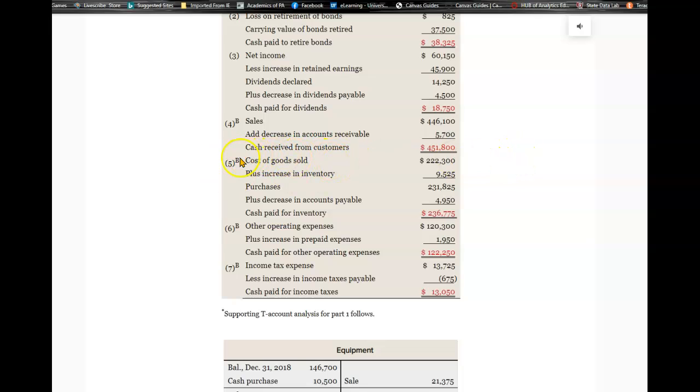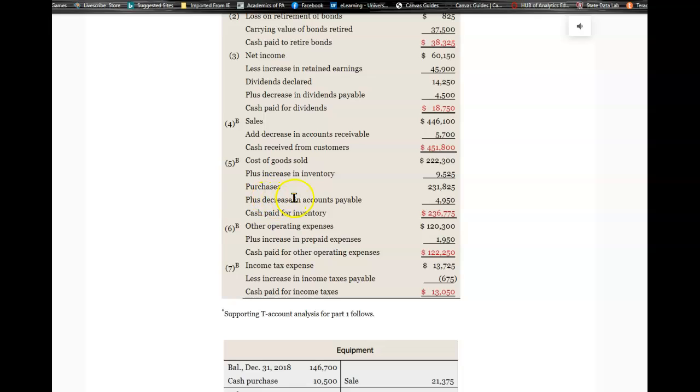Okay, how much did we pay out for inventory? Well, we start with our cost of goods sold number, $222,300. Plus, we had an increase in the inventory, so we show that $9,525. And so that gives us our purchases. The cost of goods sold plus the increase in inventory gives us purchases of $231,825.